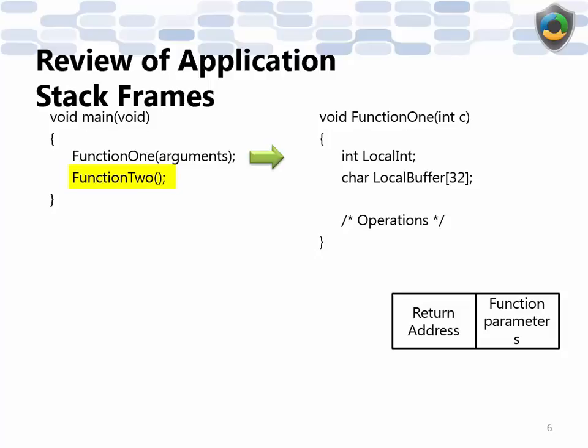This is called the saved return address. In this case, the value is the address of function 2, since that's supposed to be executed immediately after function 1. So when function 1 is completed, this address is loaded into what's called the EIP, or Extended Instruction Pointer Register. The CPU then executes whatever instruction it finds at that address.